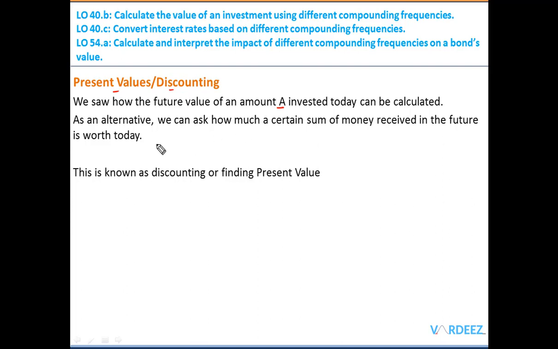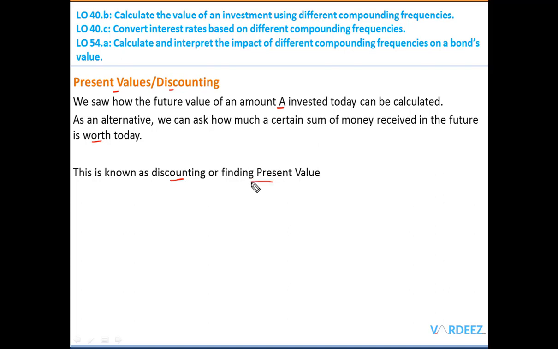But as an alternative, now we can ask how much a certain sum of money to be received in the future is worth today. What is the value today of an investment that we are about to receive in the future? This is known as discounting, or finding the present value.